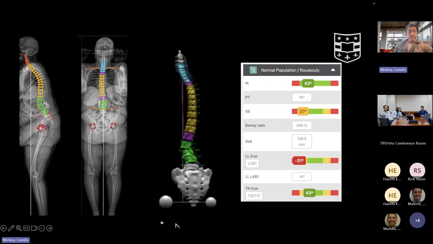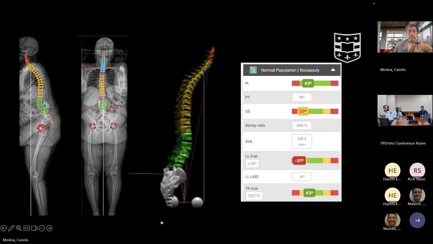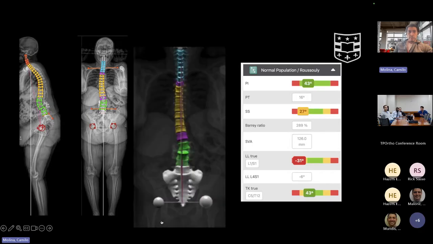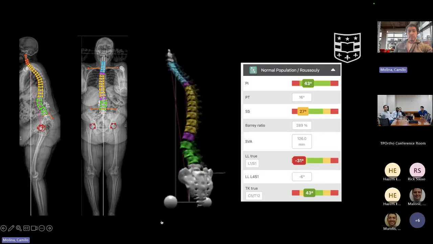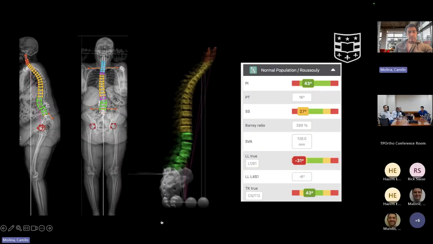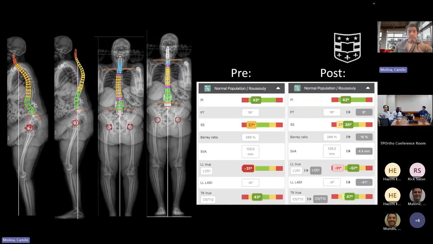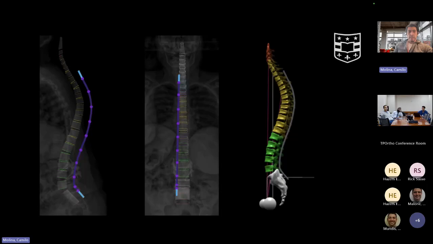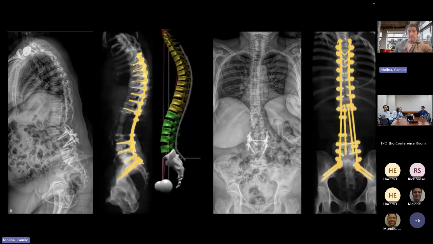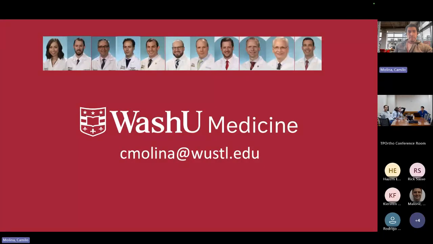We use, in this case, not patient-specific interbodies or corpectomy cages to execute the surgery, but patient-specific rods to realign the patient. We made our pre and post-operative realignment plan, got a patient-specific rod, and we were able to successfully realign the patient after doing the en-bloc tumor resection by correcting the lumbosacral realignment and using the corpectomies from the en-bloc tumor resection to correct the thoracolumbar alignment as well.